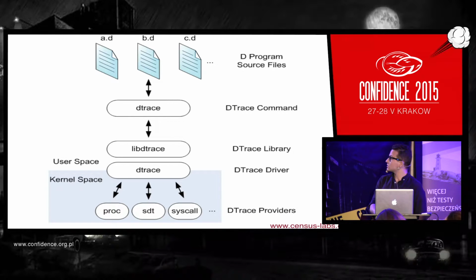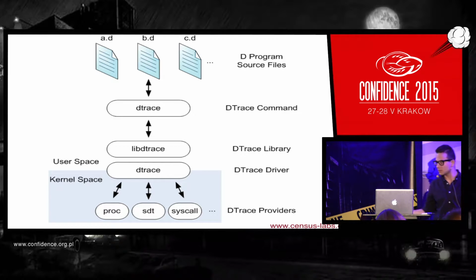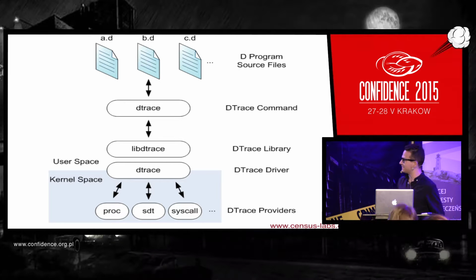So the architecture looks like this. You have scripts or one-liners that go to the dtrace command, which is basically the DTrace consumer. You could technically code your own consumer, for example, in Python, and that would be Python bindings.